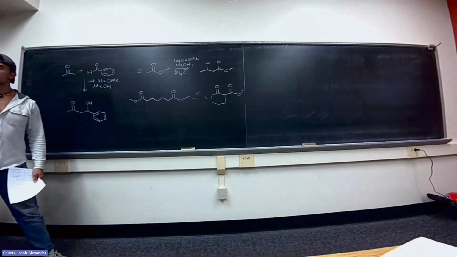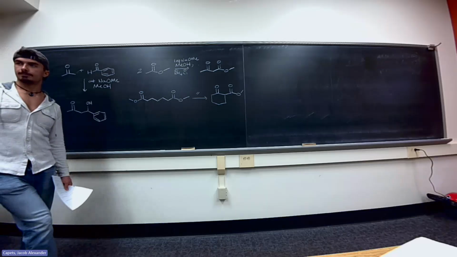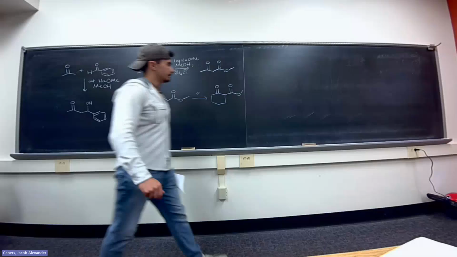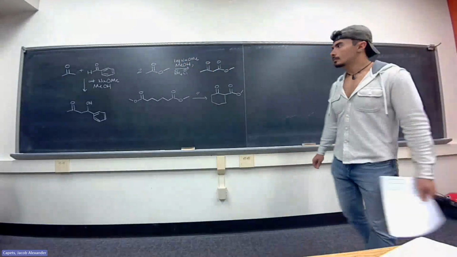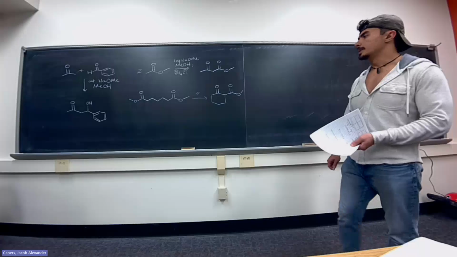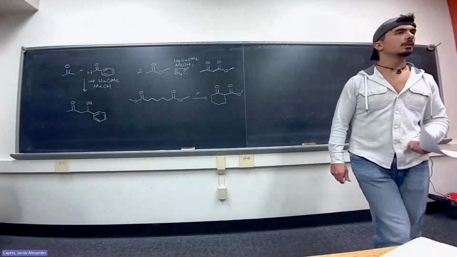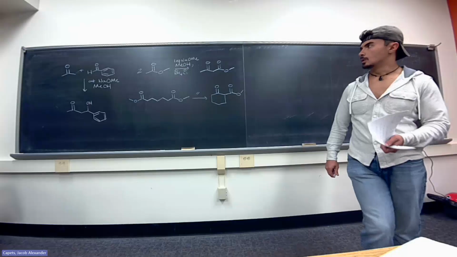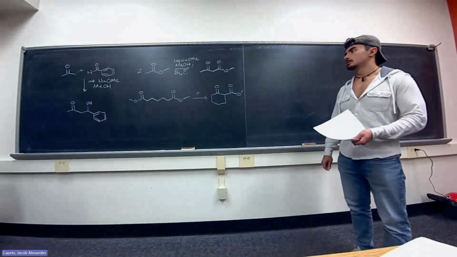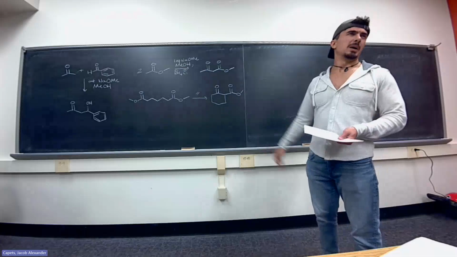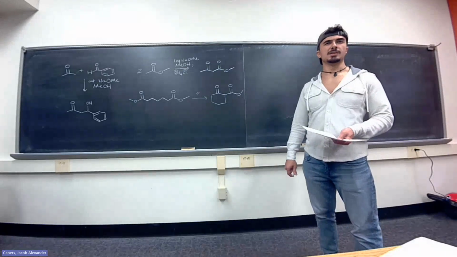So Dieckmann is just an intramolecular Claisen. Yes. I mean, it kicks out the methanol. You need a full equivalent here, so you get a methanol. You don't need to put byproducts for a specific example.